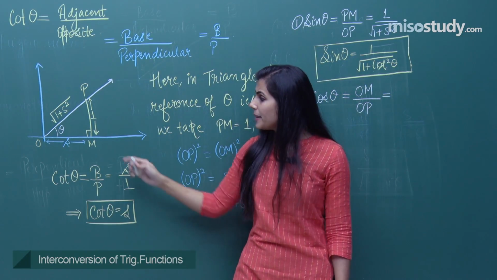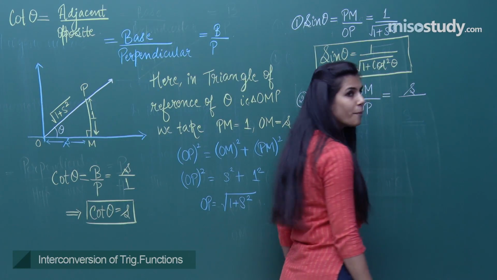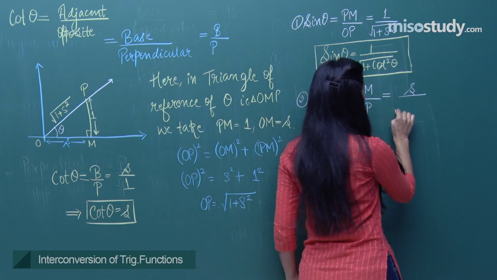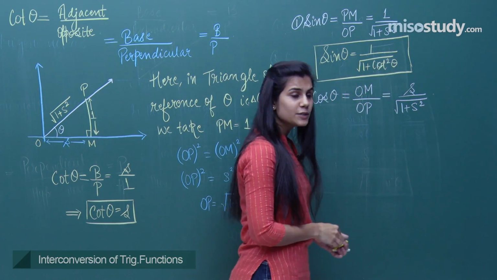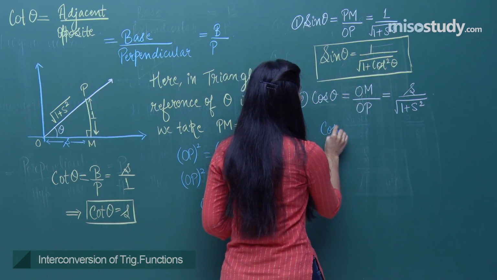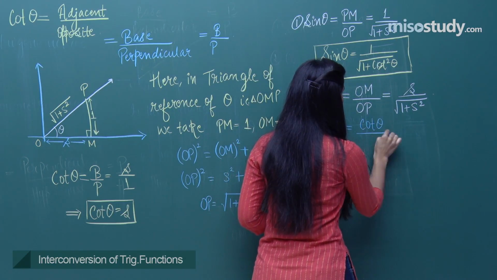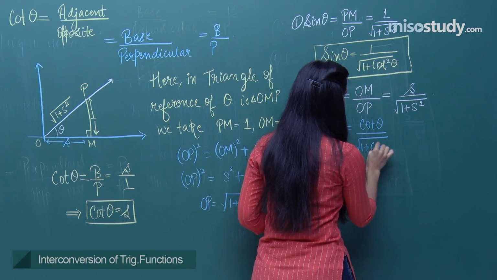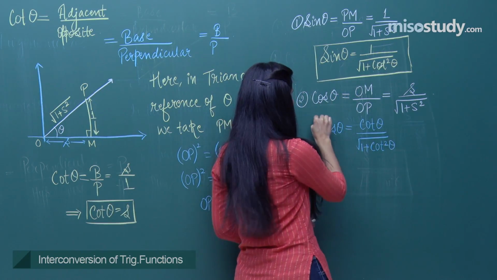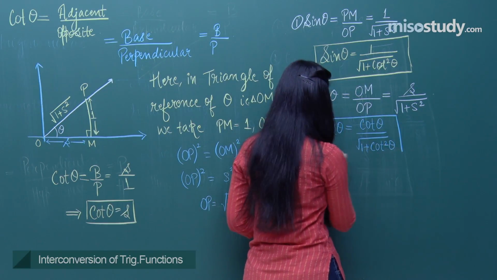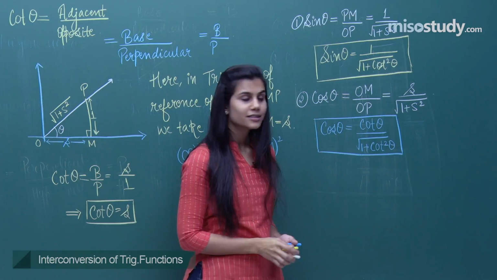Now your OM has length S and your OP has length under root 1 plus S square, and that is why your cos theta comes out to be cot theta upon under root 1 plus cot square theta. And this is how cos is expressed in terms of cot.